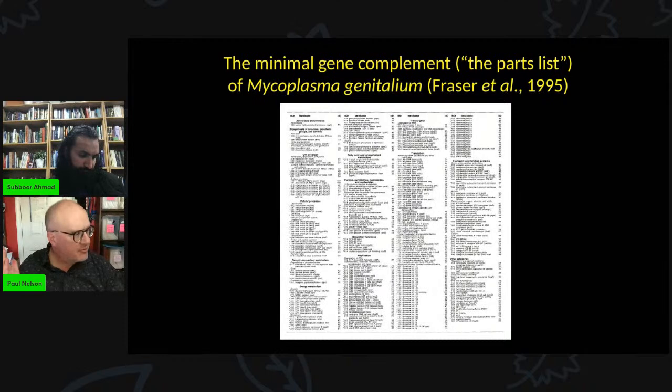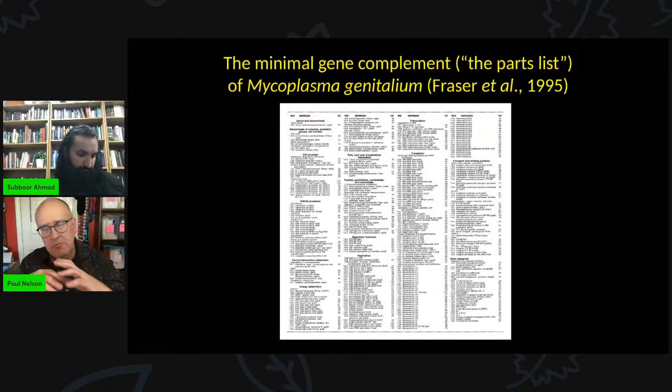I believe it was the first species to have all of its DNA mapped by Claire Fraser, who at the time was Craig Venter's wife, at the Institute for Genomic Research in the mid-90s. I believe I'm accurate. I should check this when I send the references to Subor. The Mycoplasma genitalium was the first species, because of its relative simplicity, to have all of its DNA mapped.